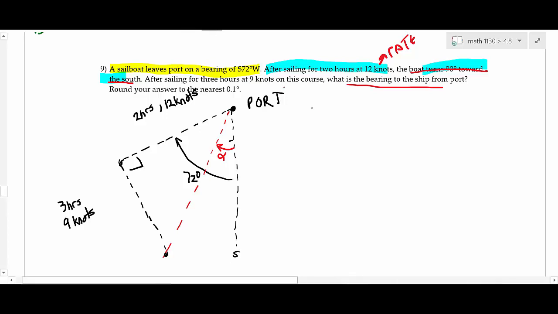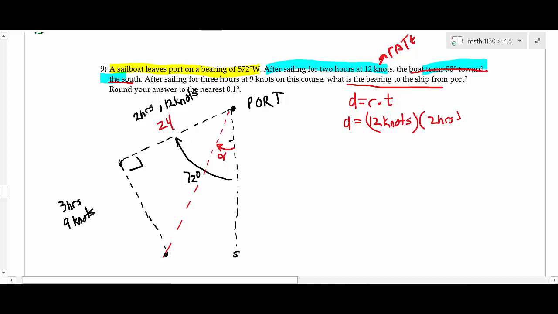So first of all, we know that distance is equal to rate times time. We need to know the length of the sides of this triangle right here. So if you go here, you would have this distance, and you just go rate, 12 knots. And don't worry about the units. They're going to work out fine on this. So we've got 12 knots times 2 hours. So we're just going to say that distance is 24.